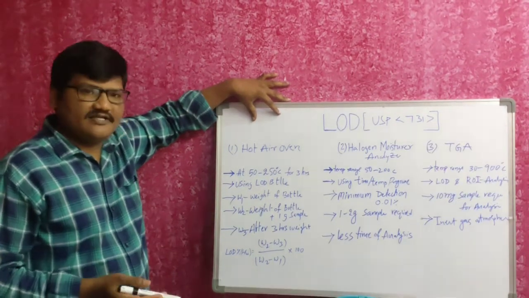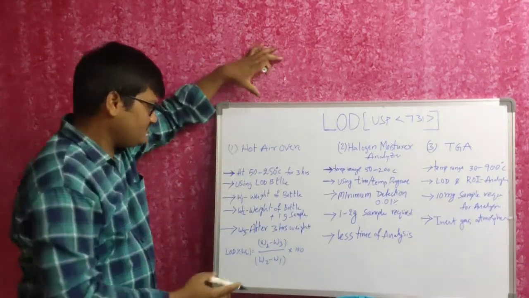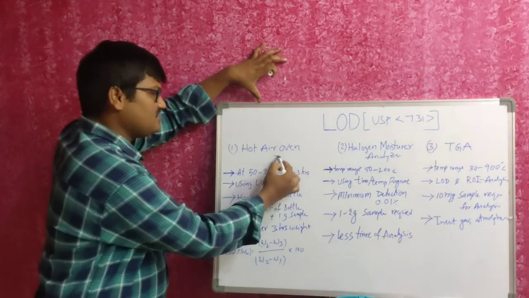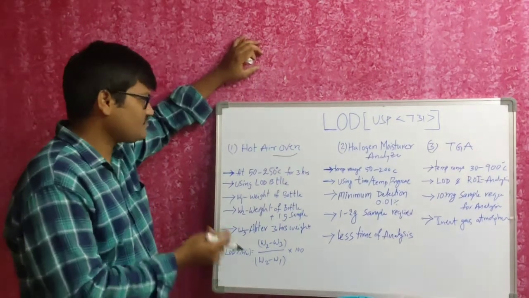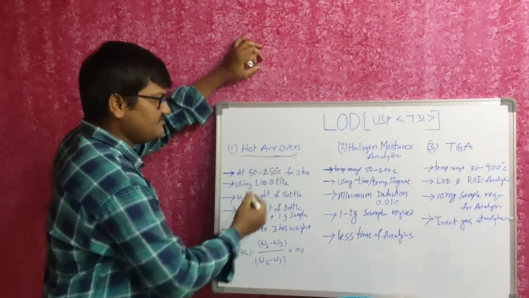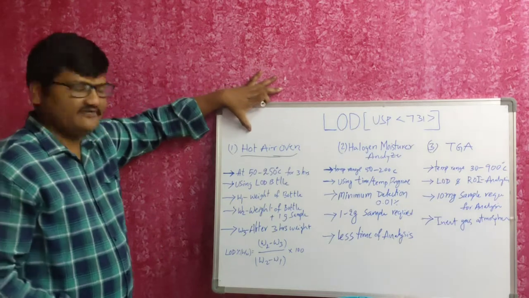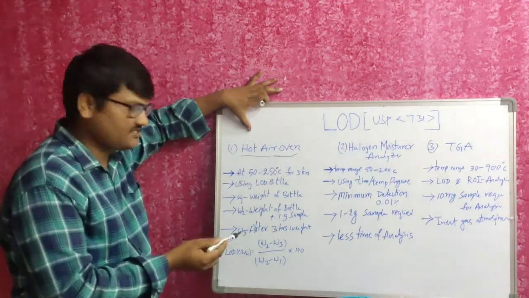There are several techniques used for loss on drying measurements. The first one is the hot air oven technique. This is a manual technique generally used in all pharmaceutical companies.